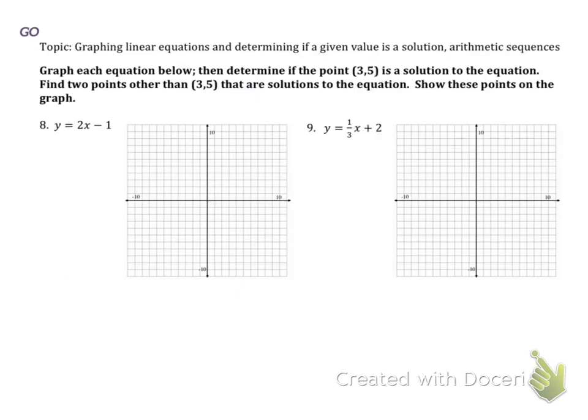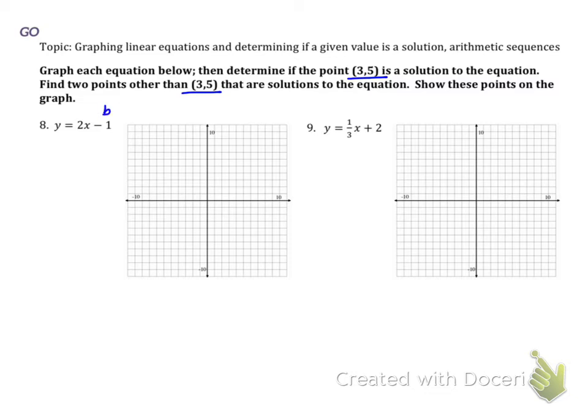The next question is question number 8, which says graph each equation below, then determine if the point 3, 5 is a solution to the equation, and find 2 points other than 3, 5 that are solutions to the equation. So let's graph the equation y equals 2x minus 1.